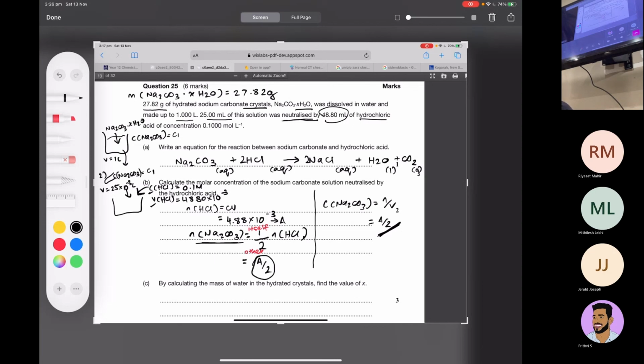What volume was that number of moles delivered in? 25 ml, right? That 25 ml solely had sodium carbonate in it. So that 25 ml would have had that amount. Where did that 25 ml come from? The 1 liter beaker. So if I can find the concentration in the 25 ml, I can find the concentration in the 1 liter beaker, and then I can start working out the water of hydration, X, which is what the next question is.